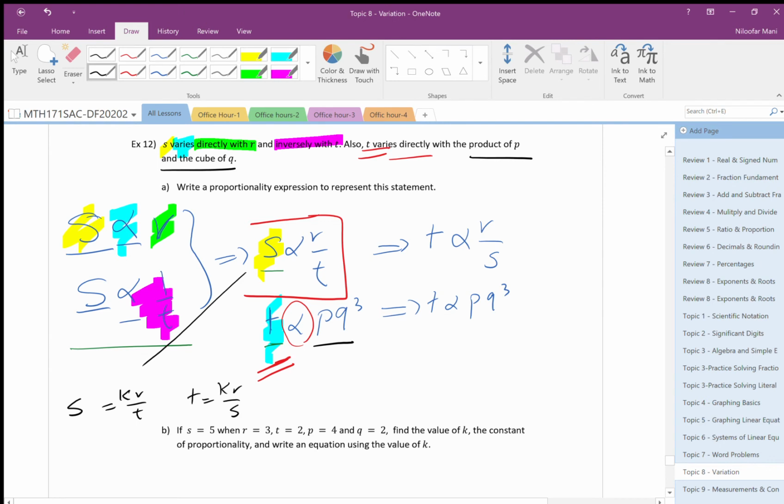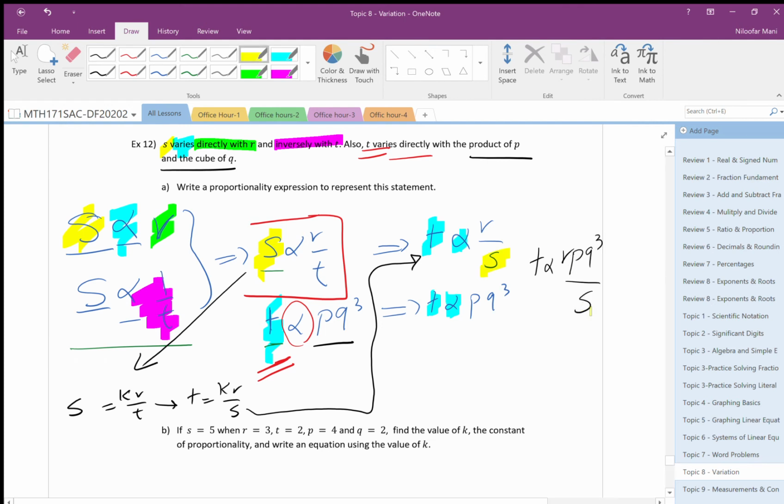Yes? So from here I can find this, and from here I can do this. Now I have both of them T. Perfect. I can include T proportional to P Q³ over S. How do I know?